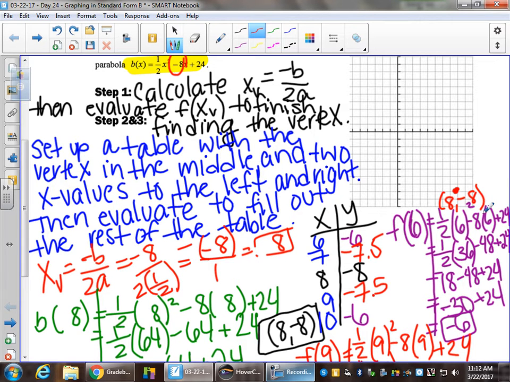What's the next point I'm going to graph? Tell me in words, how am I going to graph that? Right 9. So it's going to be around there, in between 7 and 8.